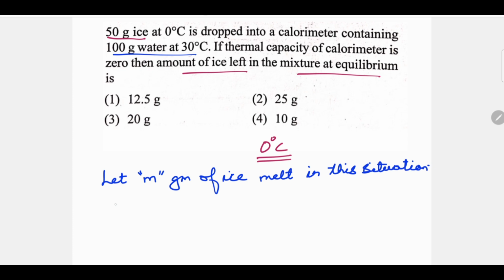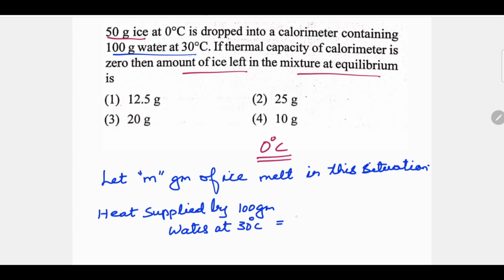So I am going to apply our calorimetry principle. Heat supplied by 100 gram water at 30 degrees Celsius equals heat absorbed by m gram of ice.